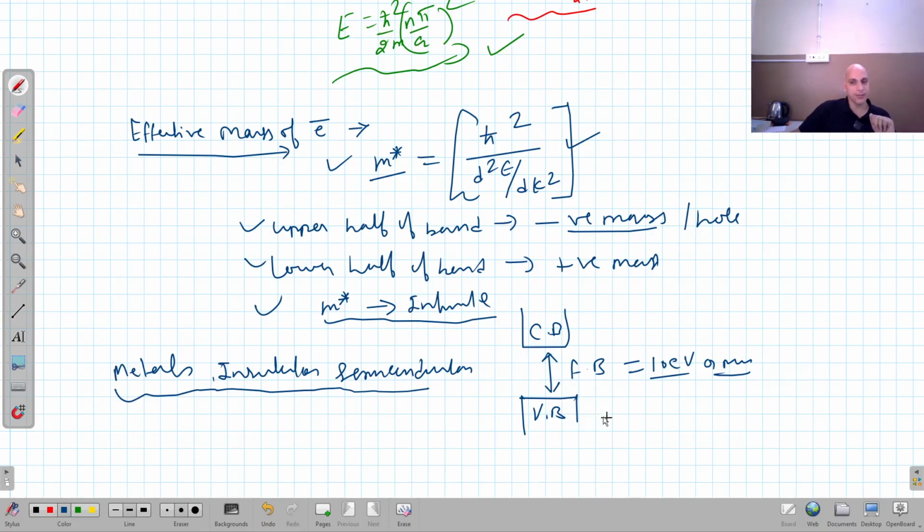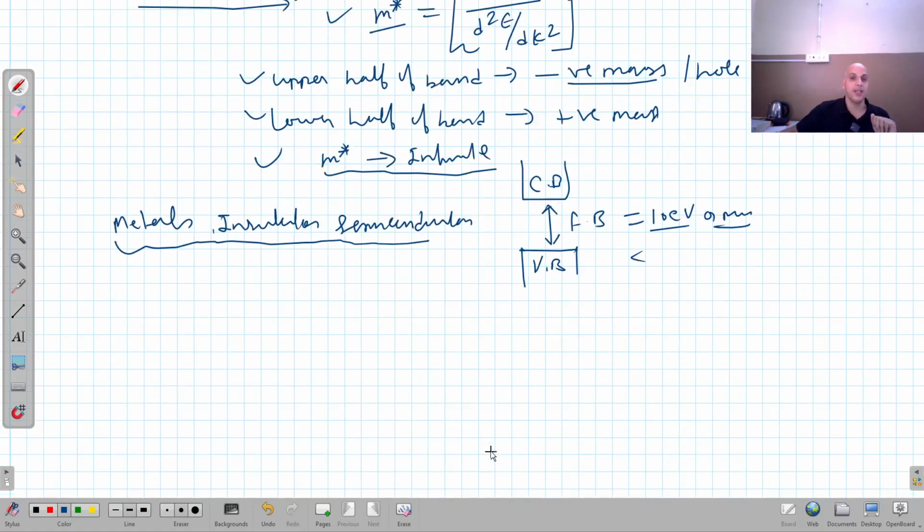But if this gap is small, less than 10 electron volt, then we call that material a semiconductor. If it is, I mean, 1 electron volt, 2 electron volt, 3 electron volt, then we call that material a semiconductor, right?